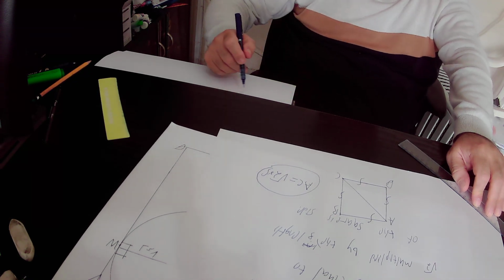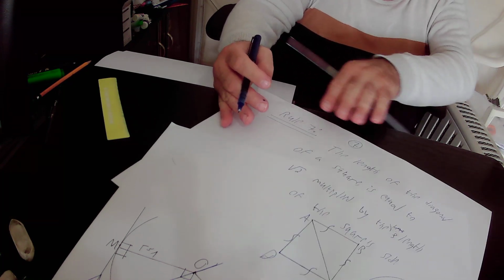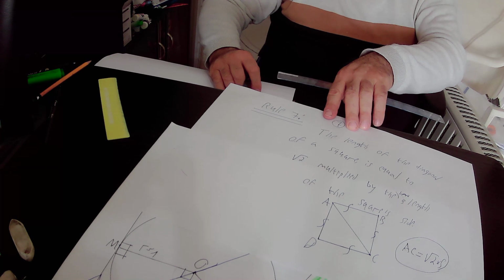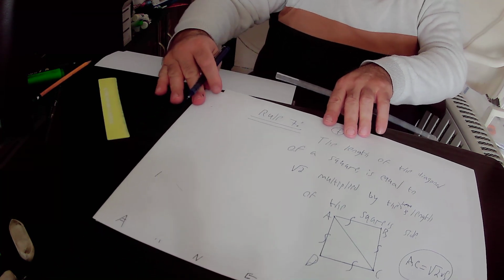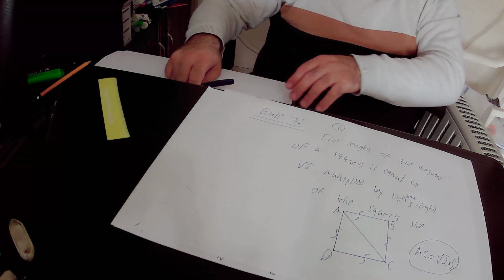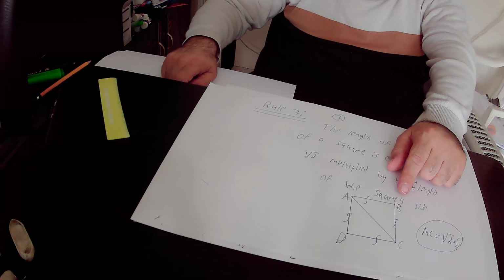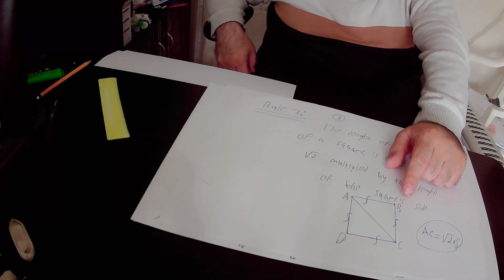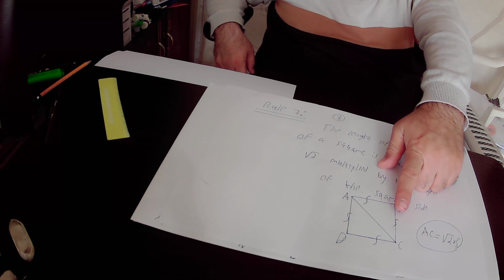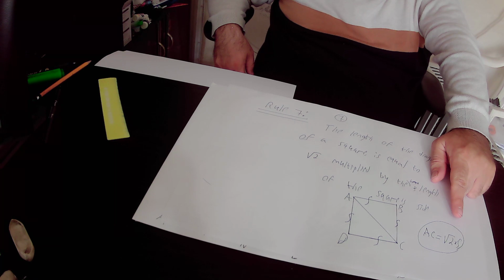So if we have this square ABCD, and we know that the length of its sides is S units, then the length of its diagonal AC will be equal to square root of 2 times S units.